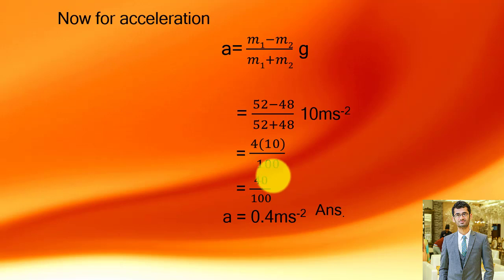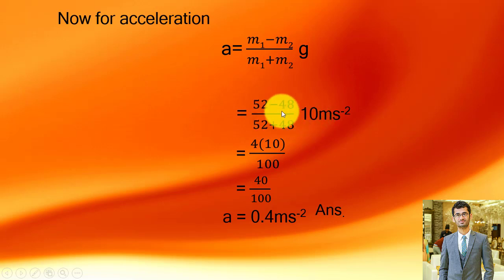Now, for the value of acceleration, we can use the formula as A is equal to M1 minus M2 over M1 plus M2 into G. Putting the values in the above equation, we get 52 minus 48 divided by 52 plus 48 multiplied by 10.